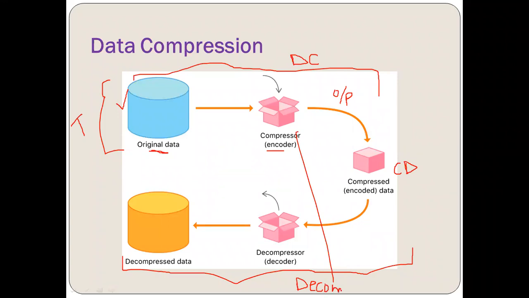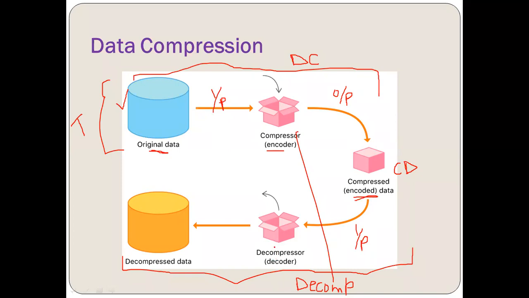Okay, decompression. Now in this process, what is being done? Earlier we were using the input as the original data. Here the input was original data, but in decompression, the input is the compressed data. So here we are taking the input as the compressed data.